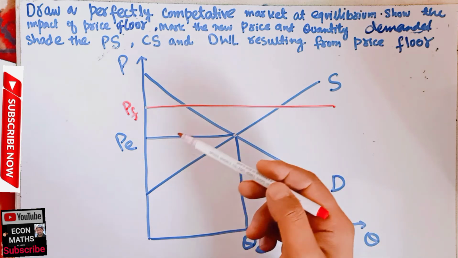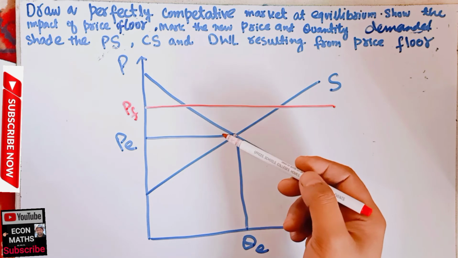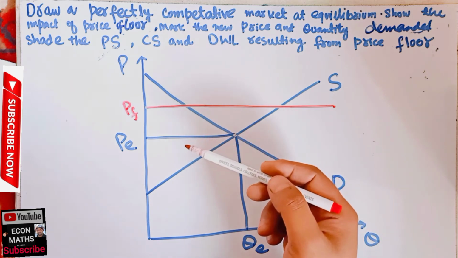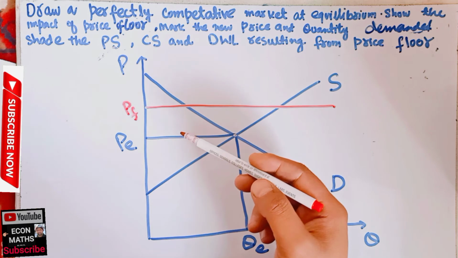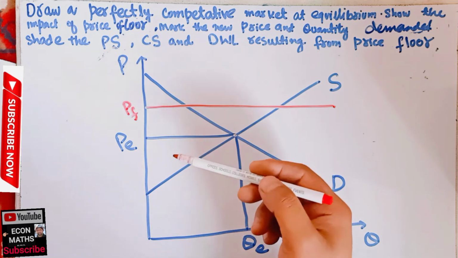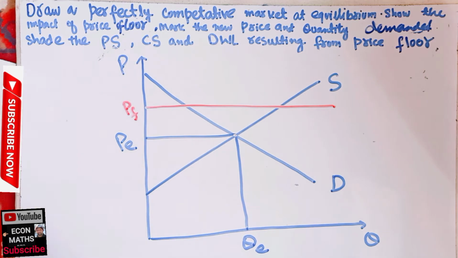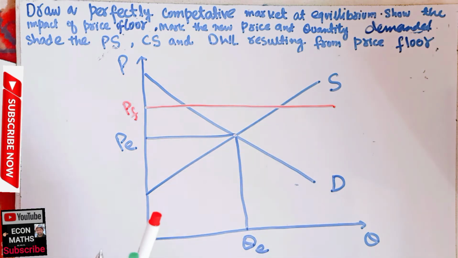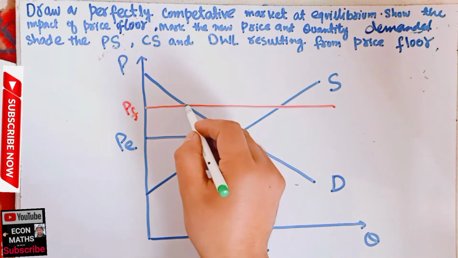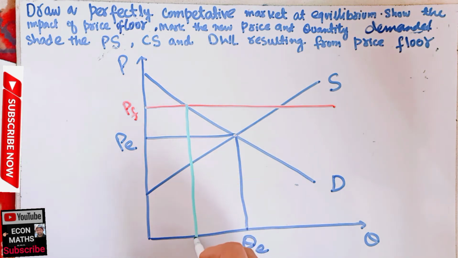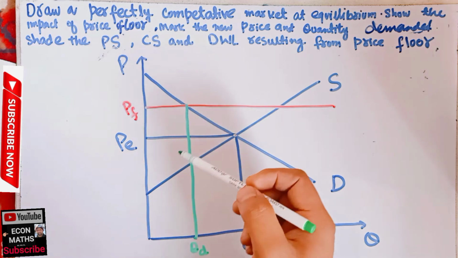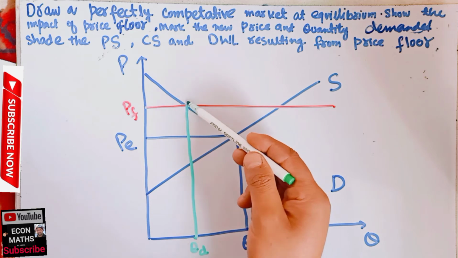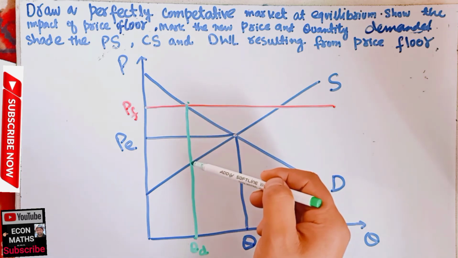Now we mark the quantity demanded and quantity supplied below the point where the price floor intersects the demand and supply curves. We draw this in another color. Let us say this is QD here. We mark the quantity demanded and the quantity supplied.